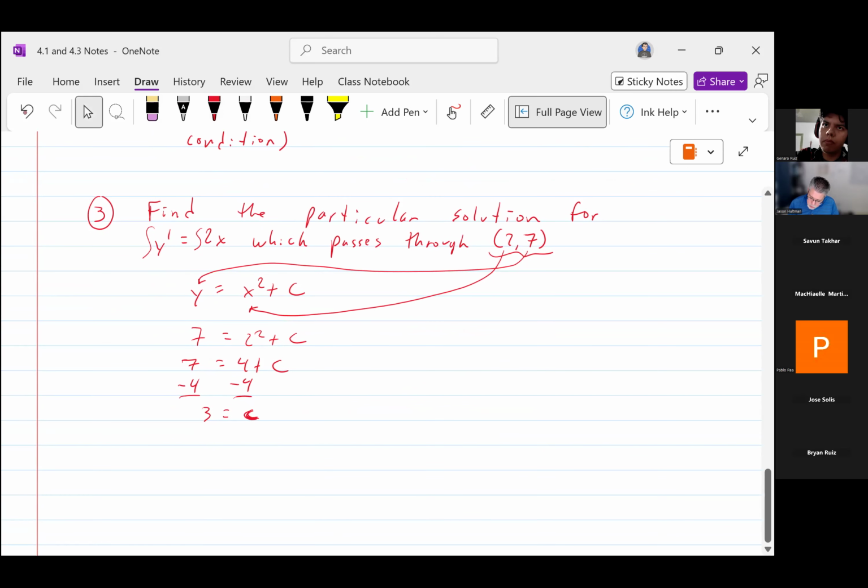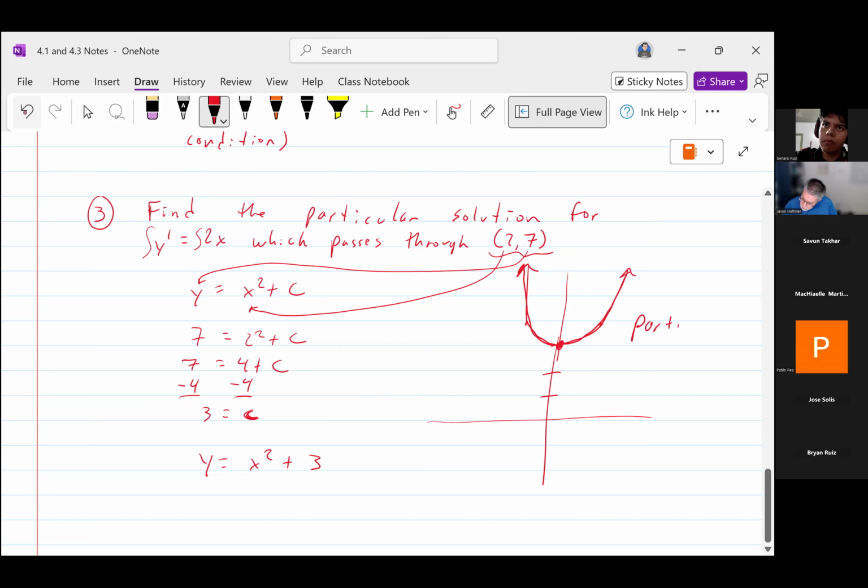So my particular solution is y equals x squared plus 3, which is a parabola that just happens to have a y-intercept at 3. And that's my particular solution.